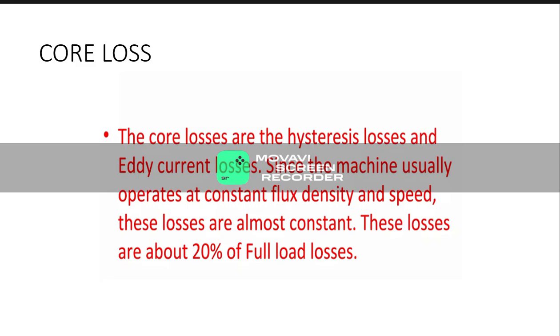Since the machine usually operates at constant flux density and speed, these losses are almost constant. These losses are about 20% of the full load losses.